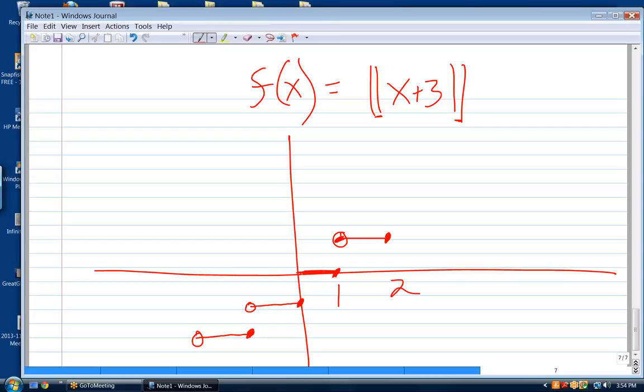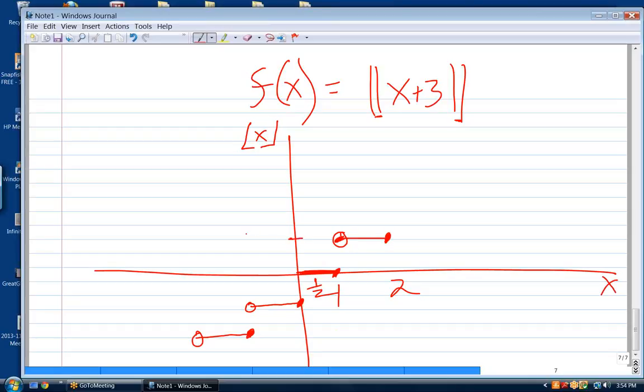If I took the greatest integer function of 1/2, it would be 0. If I took the greatest integer function of 1.5, it would be 1.